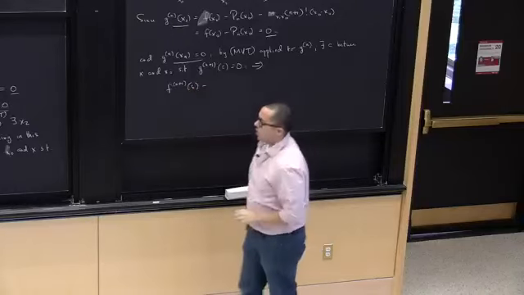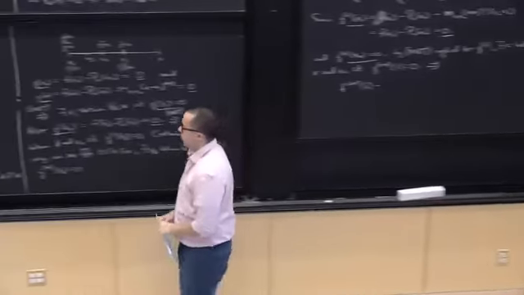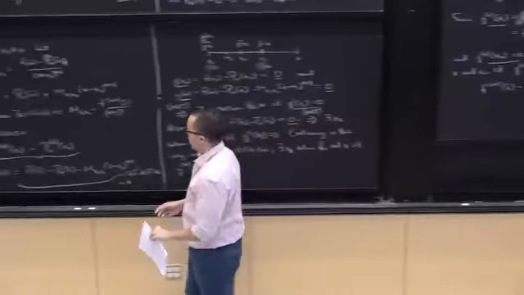Now, if I take n plus 1 derivatives of an nth degree polynomial, I get 0, right? If I take 2 derivatives of a degree 1 polynomial, which is just x, I get 0. If I take 3 derivatives of a degree 2 polynomial, I get 0.